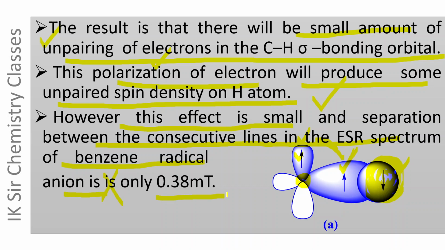The spin nucleus coupling in benzene radical anion is weak, is small, and this is why the spin nucleus coupling constant is only 0.38 millitesla. It means there is only a small unpaired electron density around the nucleus of hydrogen atom in this fragment.